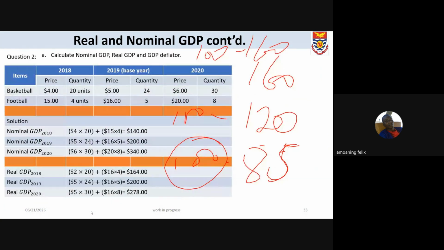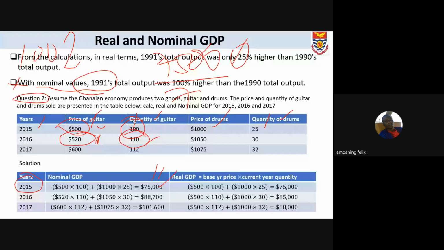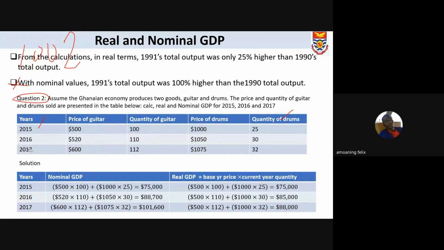Then all I do is pick the real GDP at 2015 and the real GDP at 2016. These are the two things we want to see, because I want to compute the growth rate.